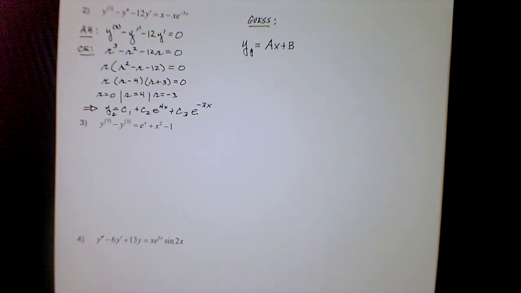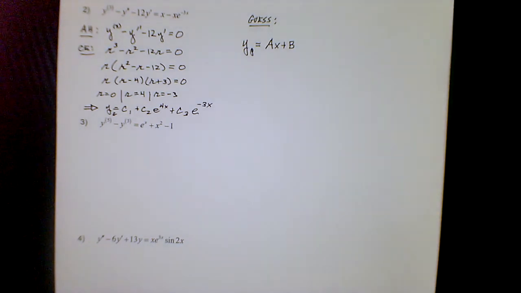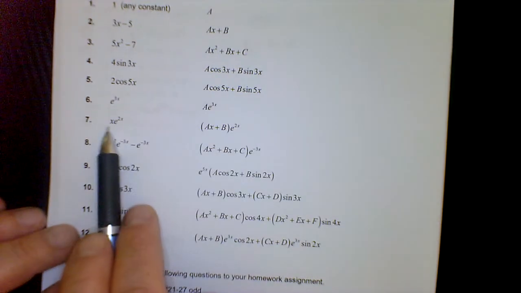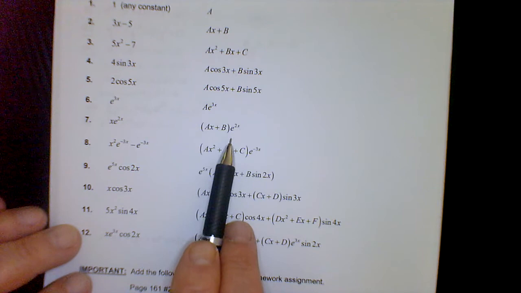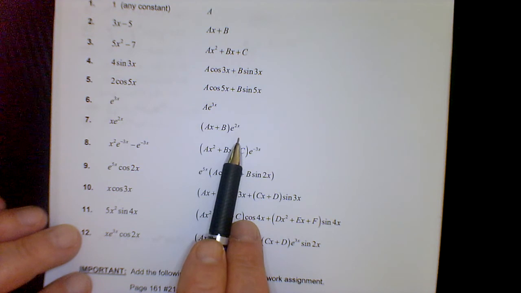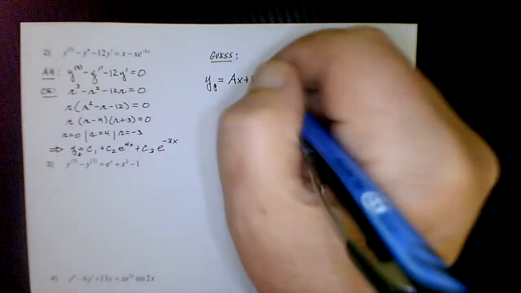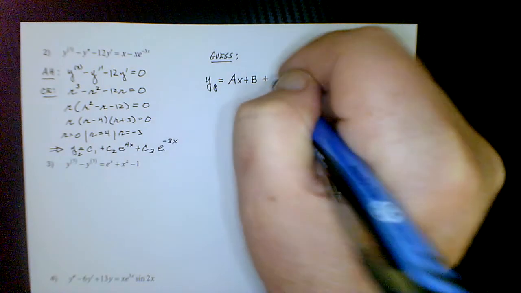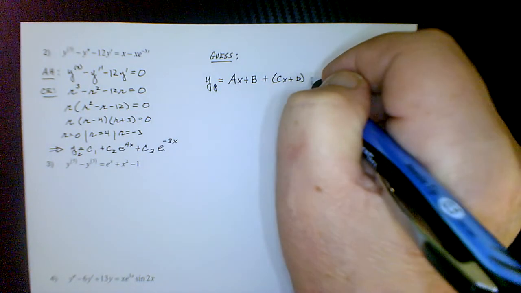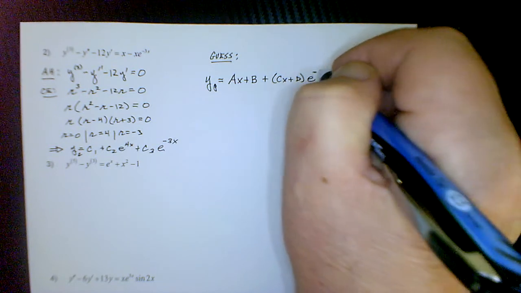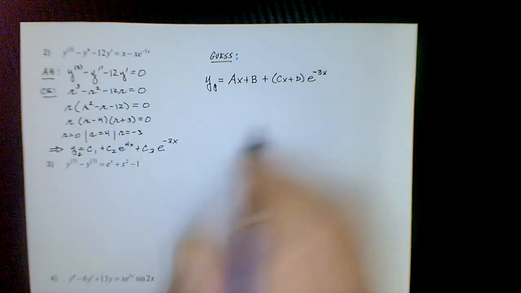So if you look at the table, x e to the negative 3x is similar to number 7. So we need to use ax plus b times that exponential factor. So this would be, since we left off with b, let's do cx plus d times e to the negative 3x. Okay, so that takes care of our guess, and now we compare.